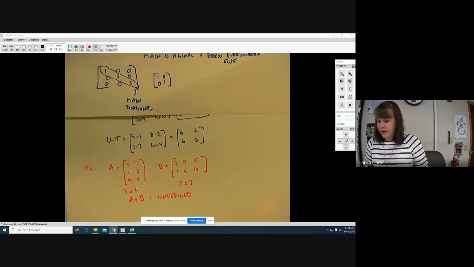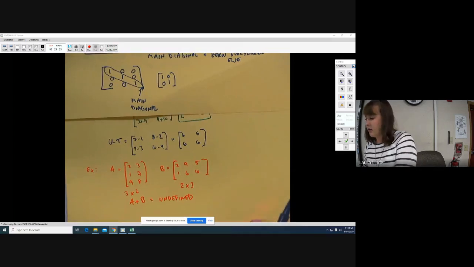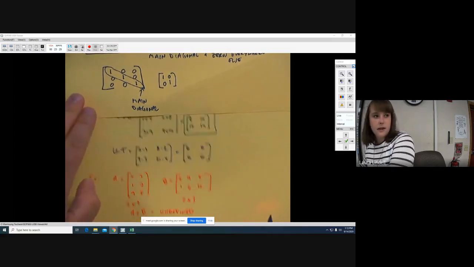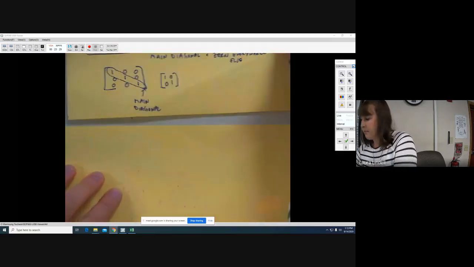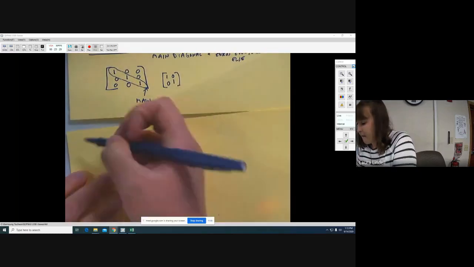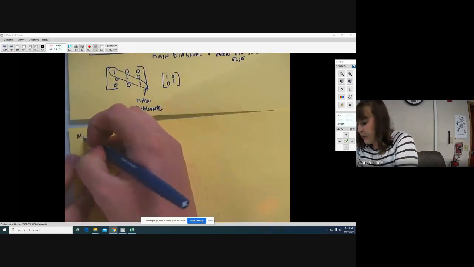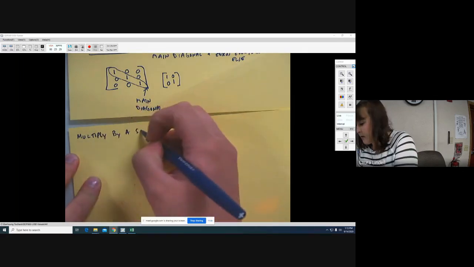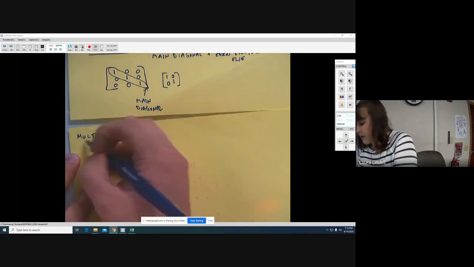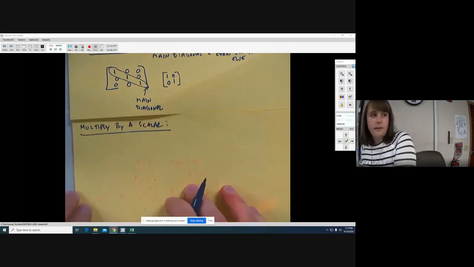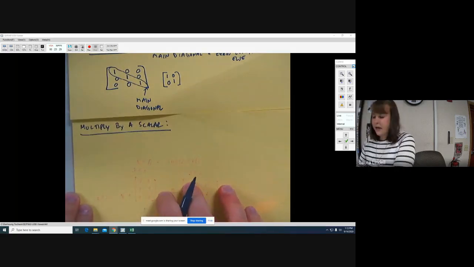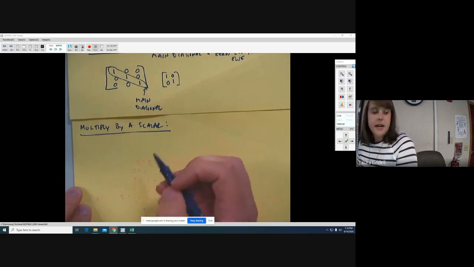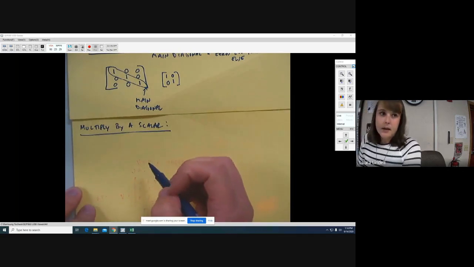The last thing that we're going to do for today is multiply by a scalar. And to do that, I'm going to flip this paper over. Okay, so multiplying by a scalar just means taking a matrix and multiplying it by any number.